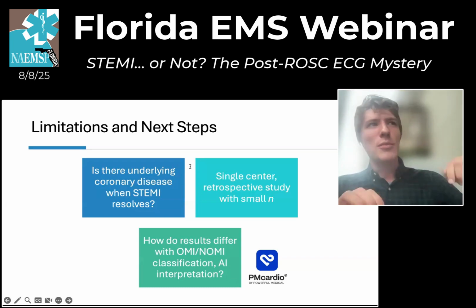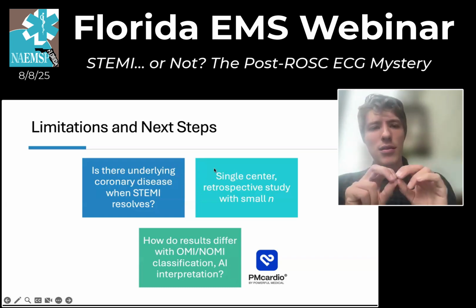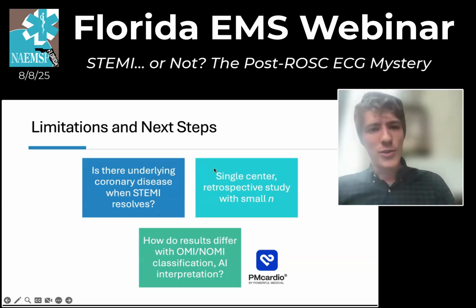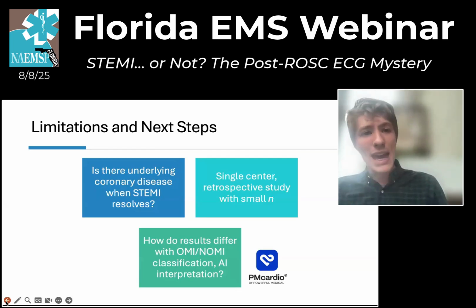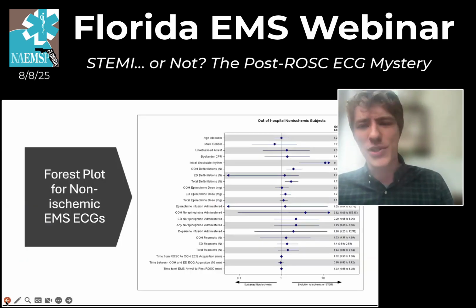And then also, you spoke about how the patients who had resolved STEMIs had a much longer gap between the out-of-hospital ECG acquisition and in-hospital acquisition.